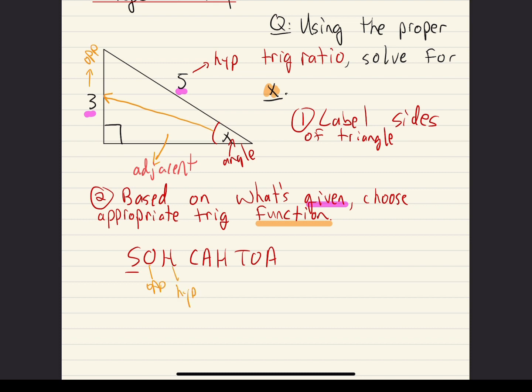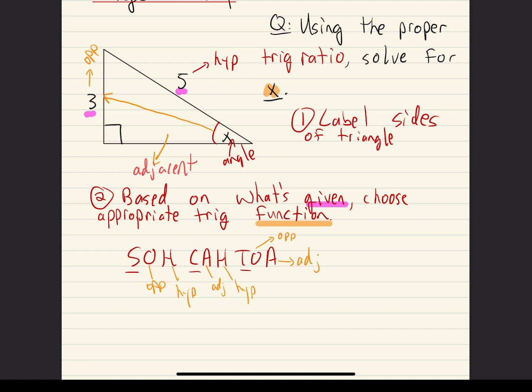If we're going to be using the cosine formula, then we need to be given the adjacent and the hypotenuse. And then, of course, if we're going to use the tan, we need to be given the opposite and the adjacent. Now in this case, what are we given?